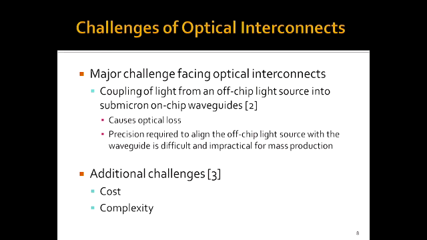So major challenges facing optical interconnects. The major challenge that optical interconnects face is the coupling of light from an off-chip light source into the submicron chip waveguides. And this causes optical loss, and the precision required to align the off-chip light source with the on-chip waveguide is difficult and can be expensive and impractical for mass production, which adds the challenges of cost and complexity of the system.